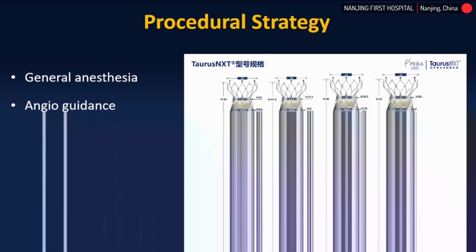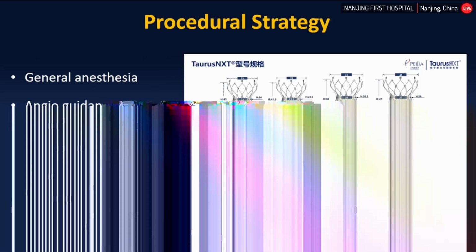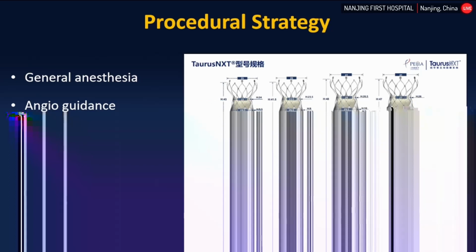Now let me introduce what we have done. This patient is under general anesthesia, and we punctured the right femoral artery with a two ProGlide suture device. Now we can show what we have done.